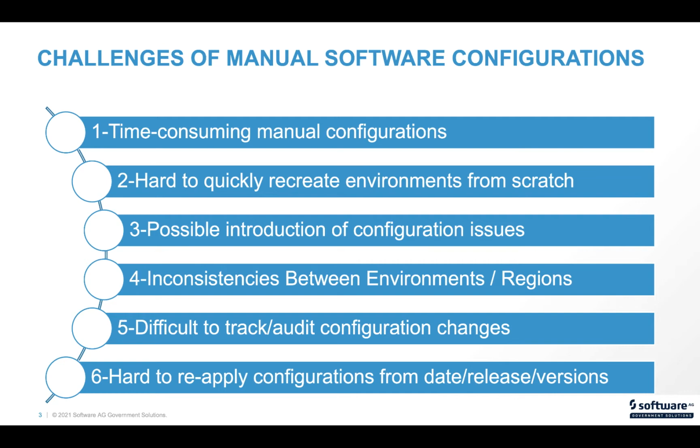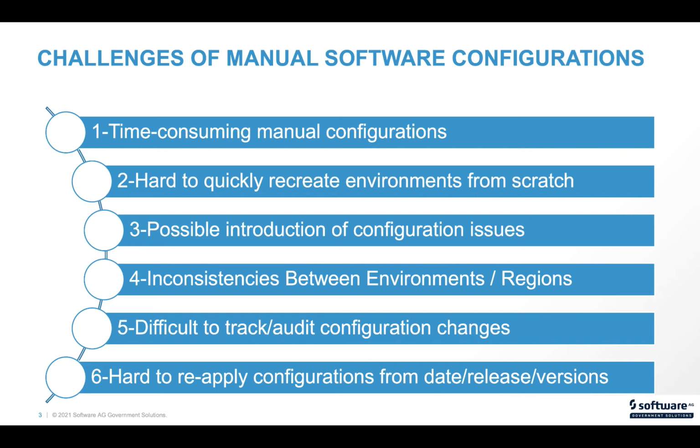And finally, on the topic of configuration consistency over time, it's going to be difficult to track and audit all your configuration changes that you're making against dev, test, staging, as well as against your multiple data centers or cloud.